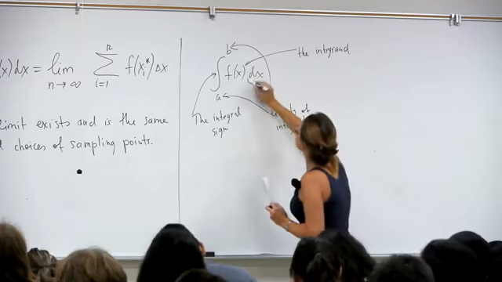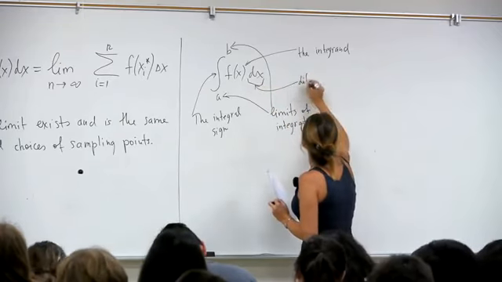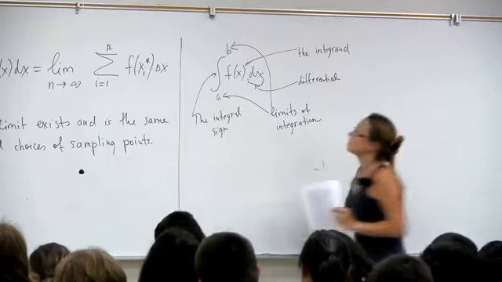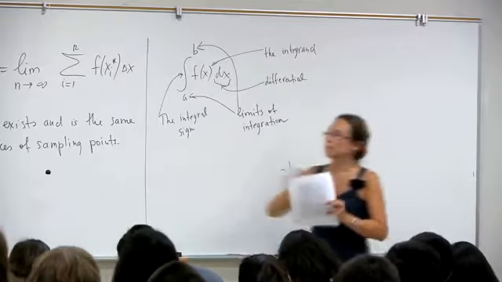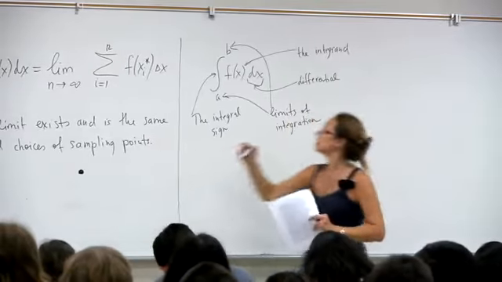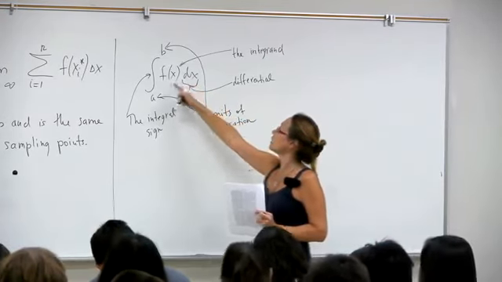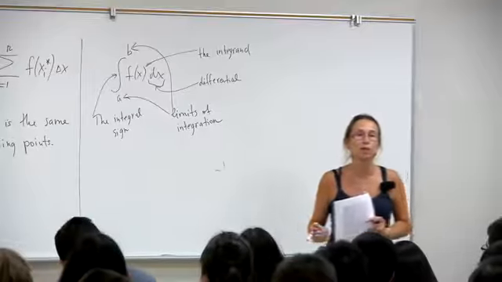And finally, this differential here tells me what my independent variable is. My horizontal axis is called x in this case, and this variable has to match the variable upon which the function f depends.